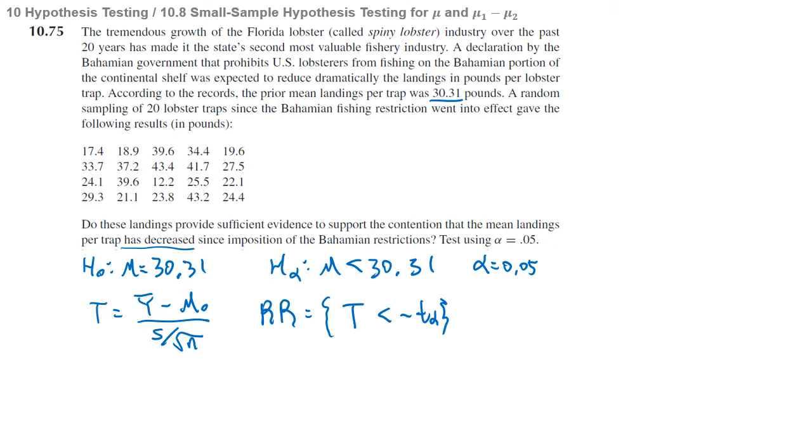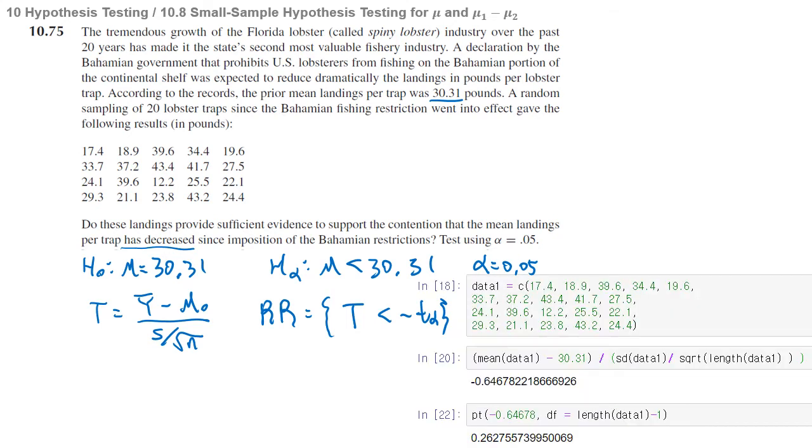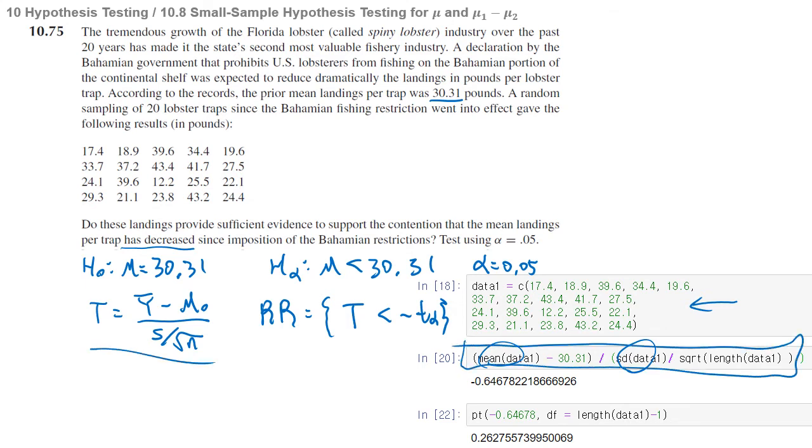The next step is to calculate, and we can use R. Put the data like this, and we can calculate the mean and standard deviation. This line is the calculation of the t statistic, which is minus 0.64, and this is the calculation of the p-value.